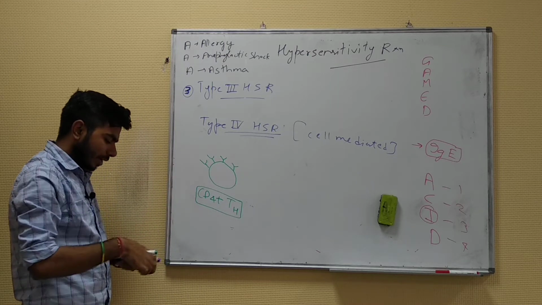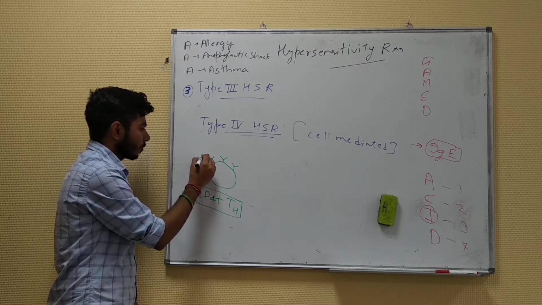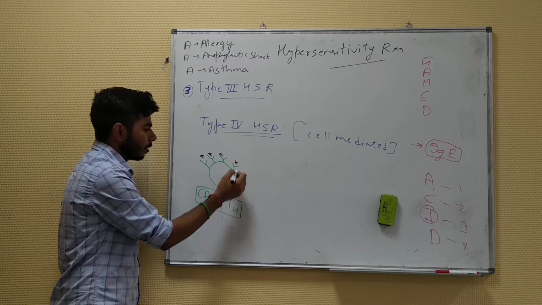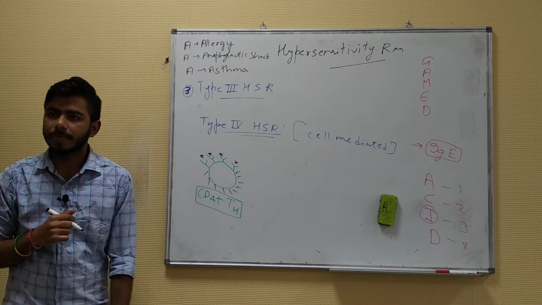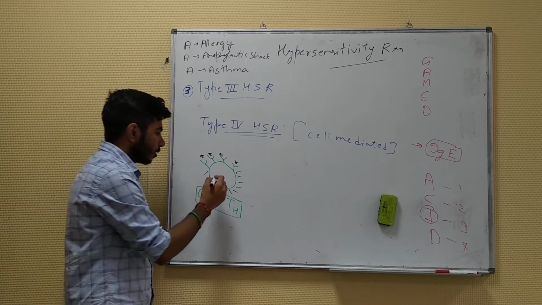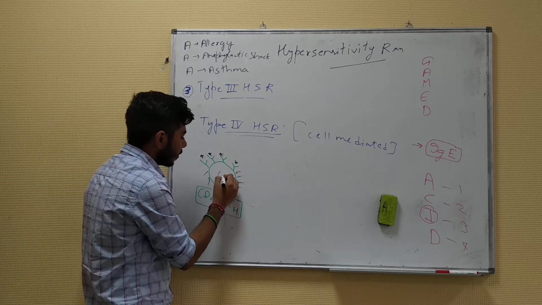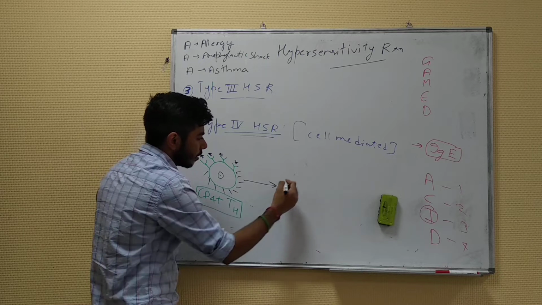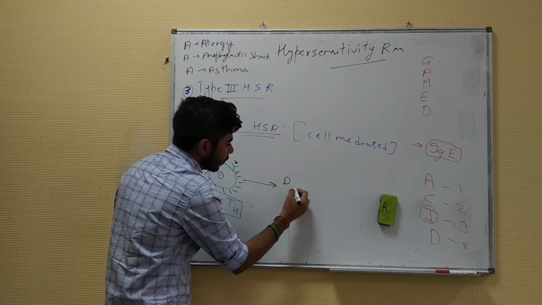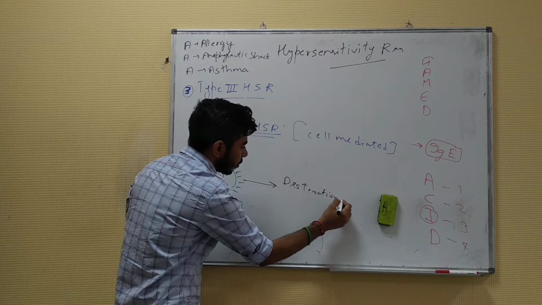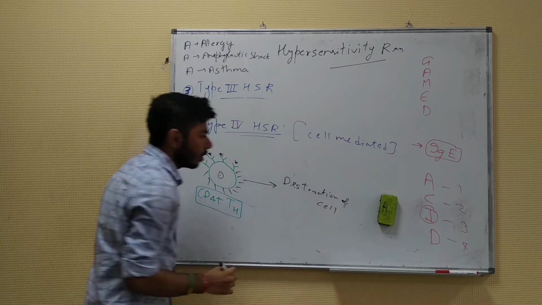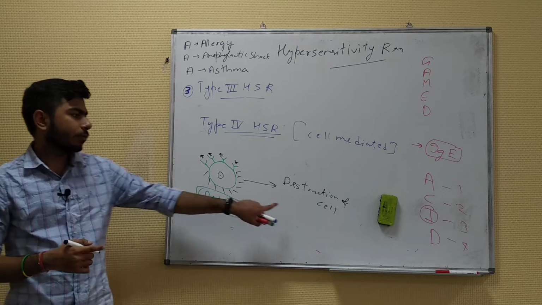So some kind of antigen comes. It will activate these CD4 plus T helper cells, and it will directly cause the destruction of that cell.